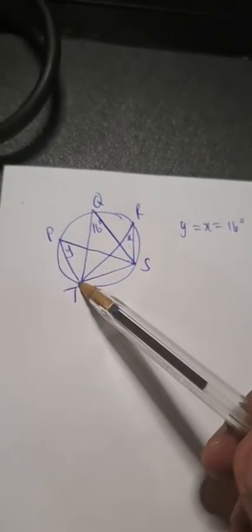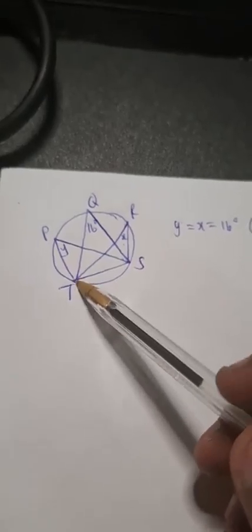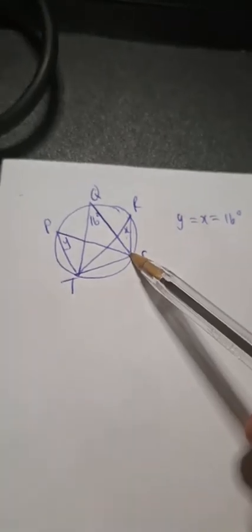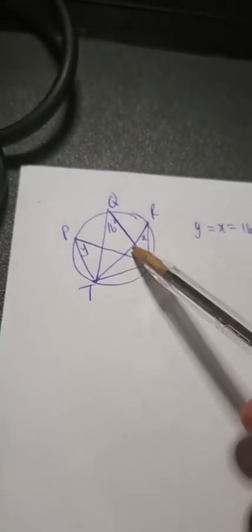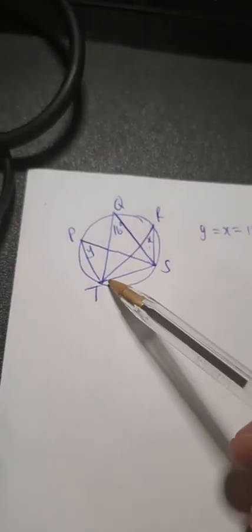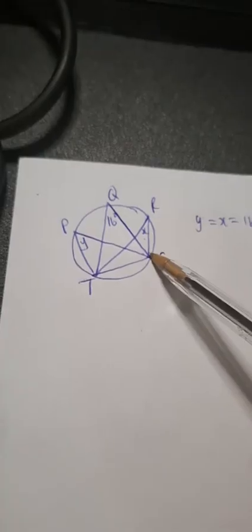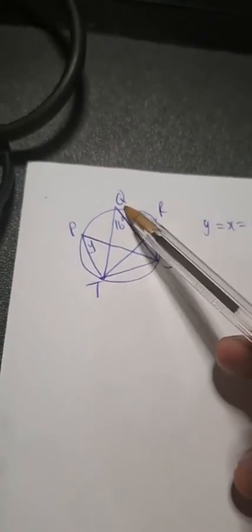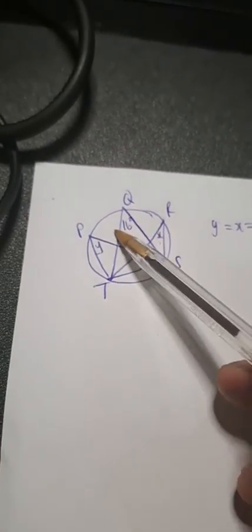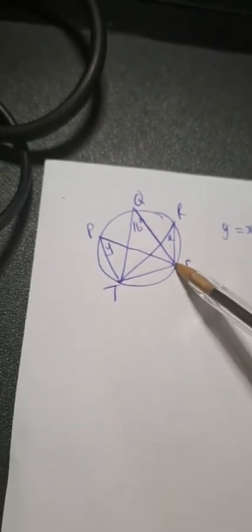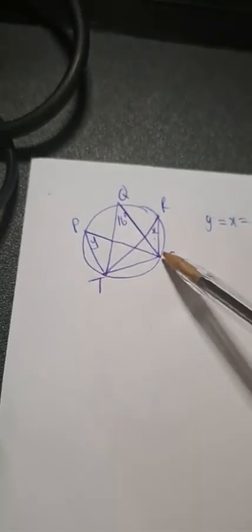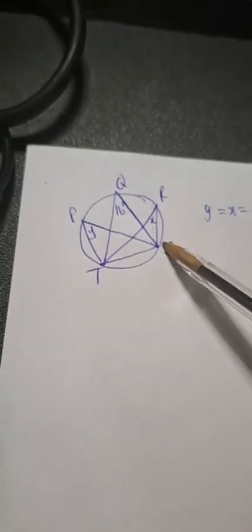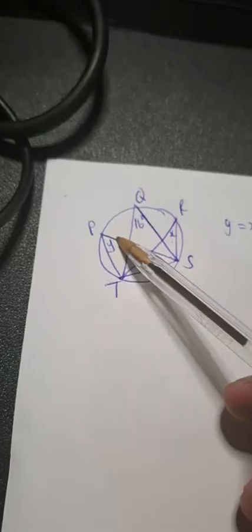Please take note, guys, when something is subtending an angle at the circumference. TS, the chord, is part of this triangle, and opposite the chord is angle R. TS is also part of triangle TSQ, and opposite that angle is 16 degrees. TS is also part of triangle TSP, and the chord is subtending this angle.